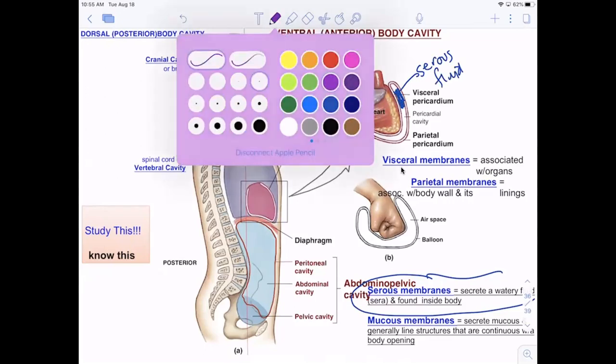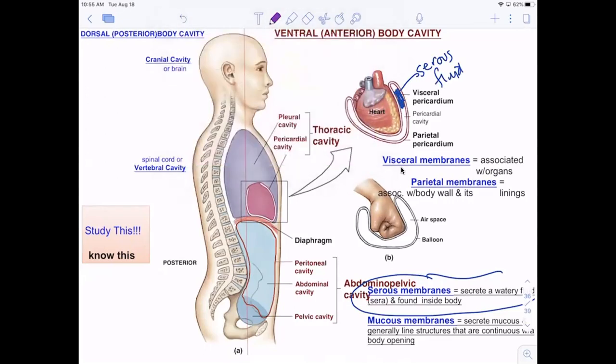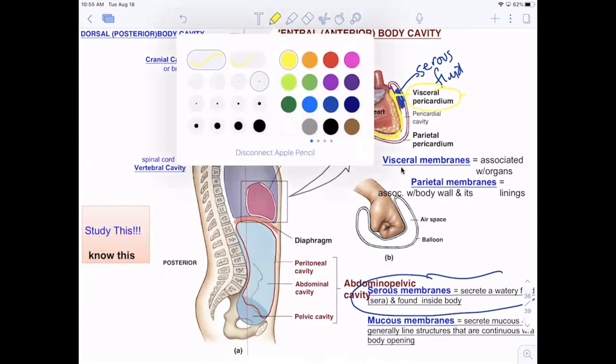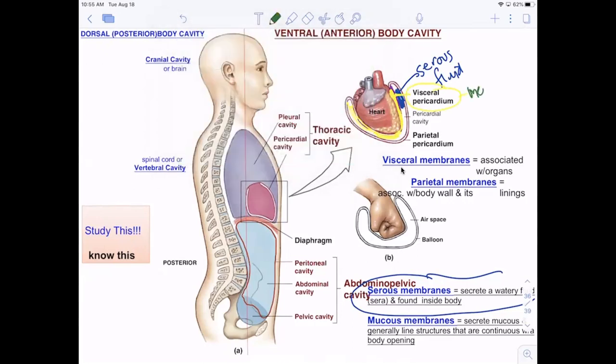And so there are two distinct membranes. They are kind of combined, but I should make this a little bolder color here. So there's this membrane here. The yellow is going to be the visceral pericardial membrane, right? So visceral pericardium.